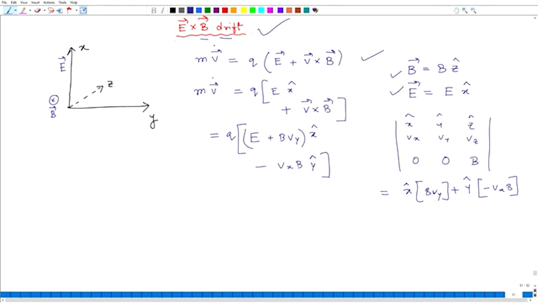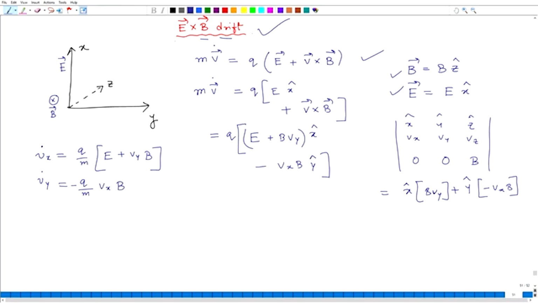Component-wise writing gives us finally v x dot is equal to q by m times E plus v y B, and v y dot gives me simply q by m with a minus sign, v x B.